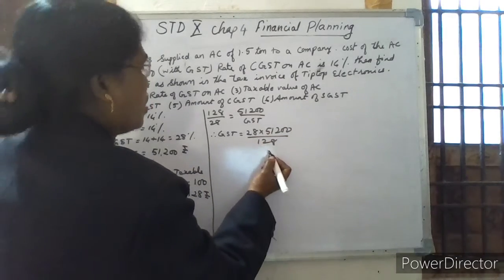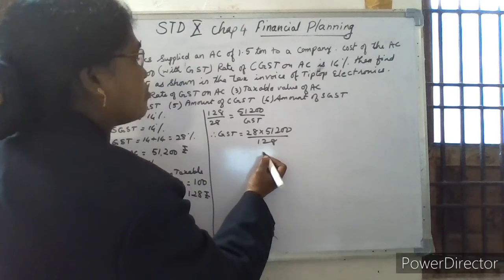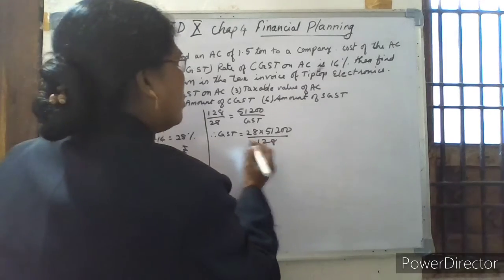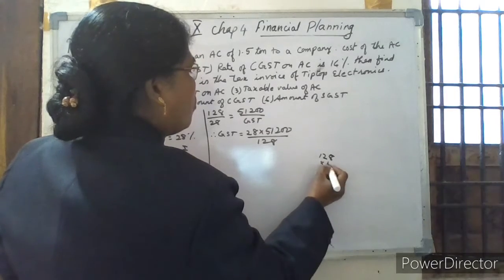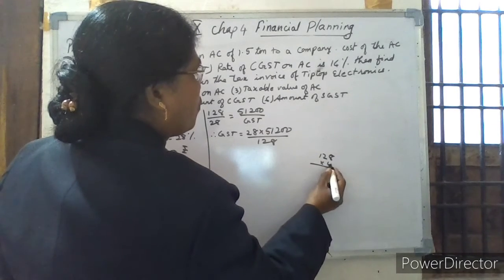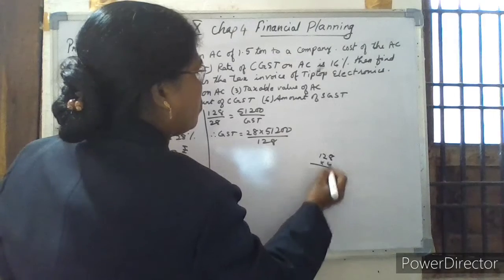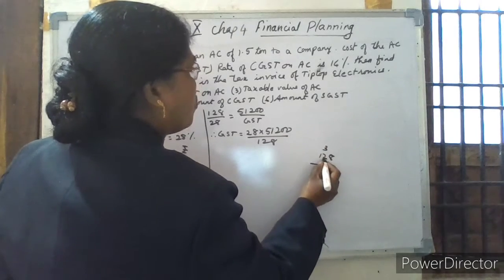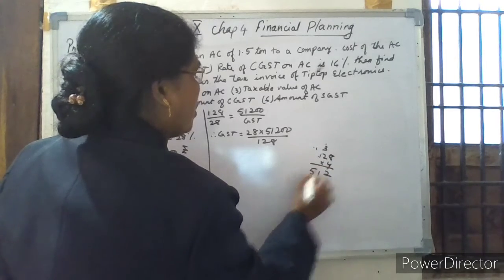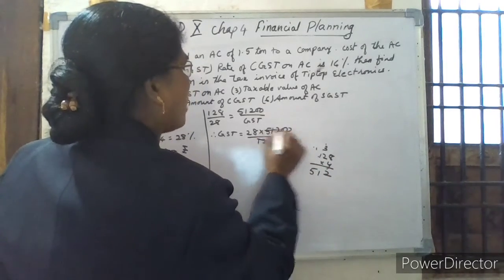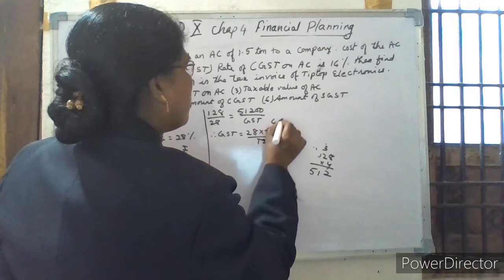So here, 128 into 4: 4 8s are 32, carry 3, 4 2s are 8, 9, 10, 11, carry 1, 4 ones are 4, 1, 5, correct. So that goes 4 hundreds, 400.